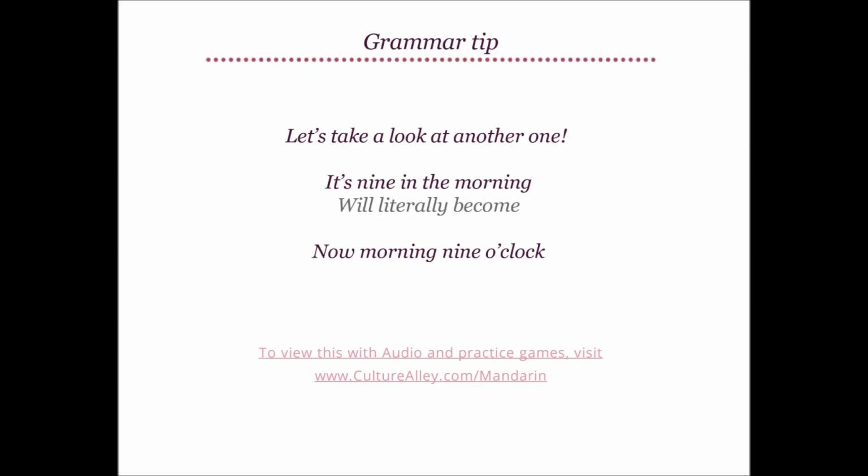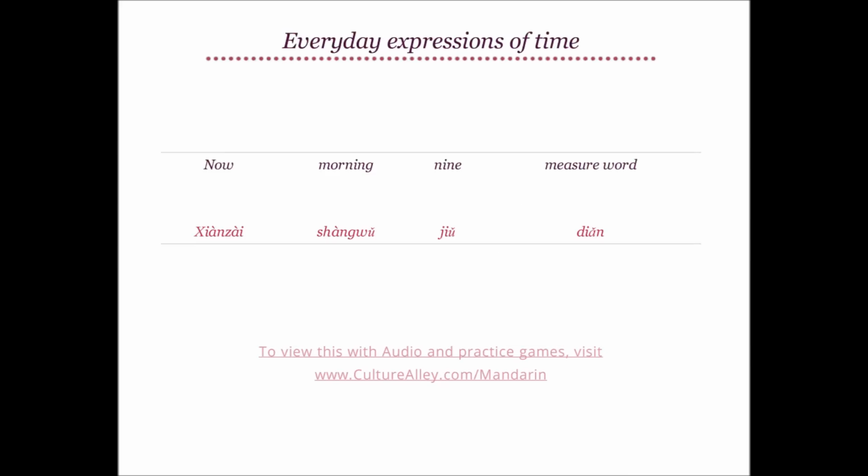Good! Now let's take a look at another one. It's 9 in the morning will literally become now, morning, 9 o'clock. Once again, let's take a look at the breakup of this sentence.